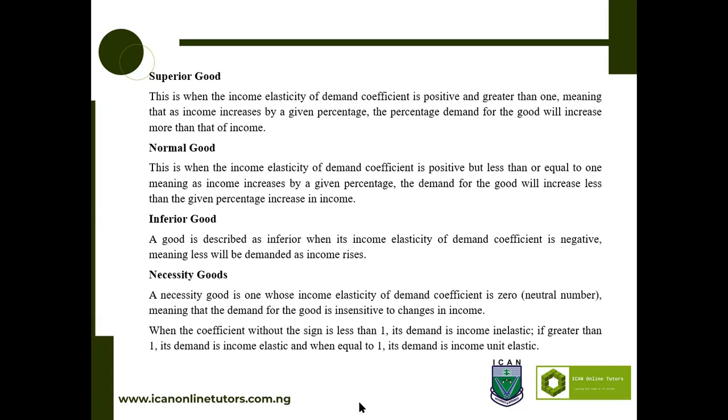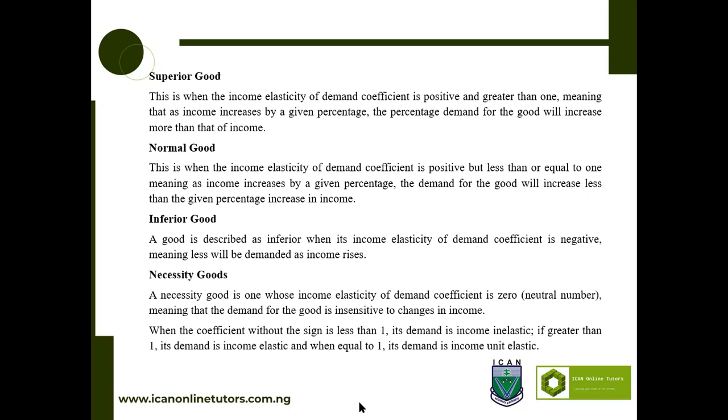We have inferior goods. A good is described as inferior when its income elasticity of demand coefficient is negative, meaning less will be demanded as income rises.